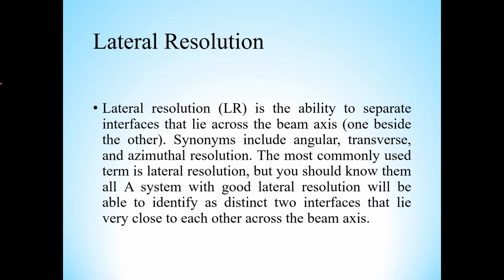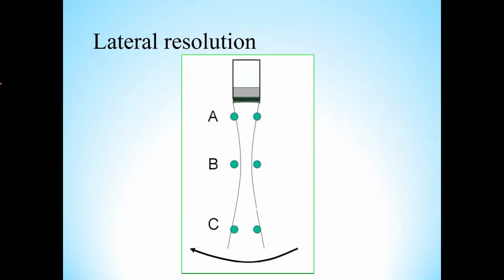The most commonly used term is lateral resolution, but you should know them all. A system with good lateral resolution will be able to identify structures that lie very close to each other across the beam axis as separate.